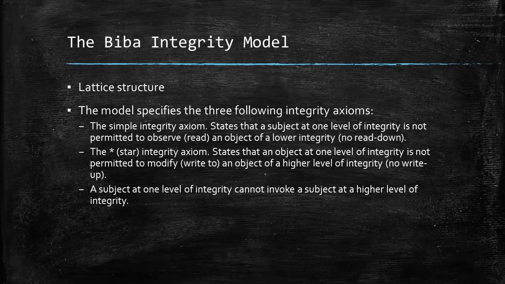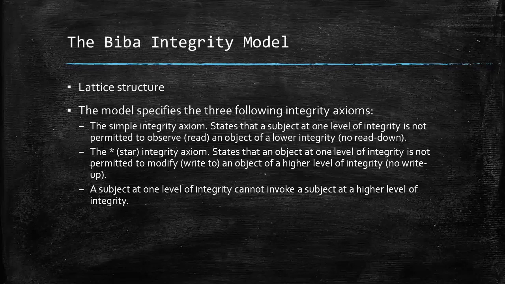Going on to the Biba model, it integrates three integrity axioms, or statements that are true. The first is the simple integrity axiom, which states that a subject at one level of integrity is not permitted to observe or read an object of lower integrity.